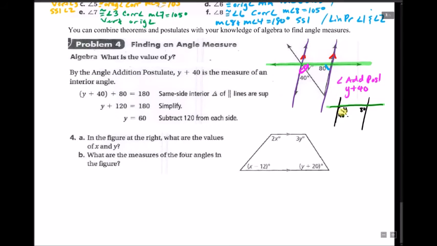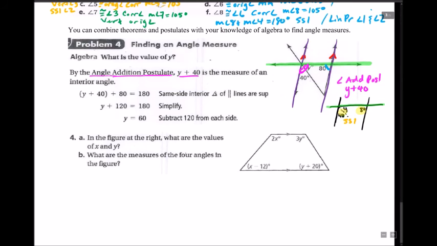Do you see that this and this are the same side interior angles? So we use our angle addition postulate to add together and make one of our interior angles.